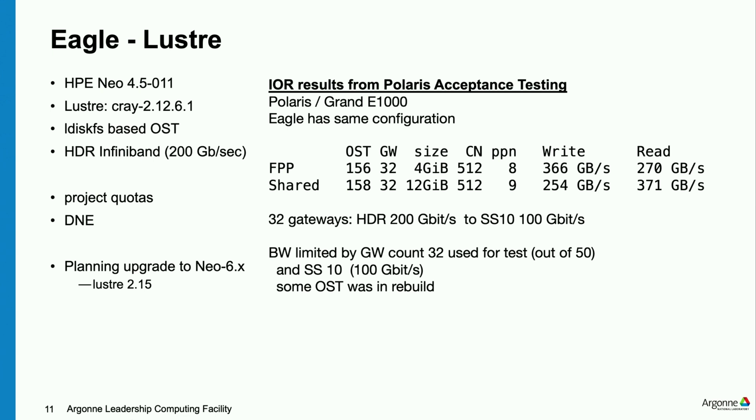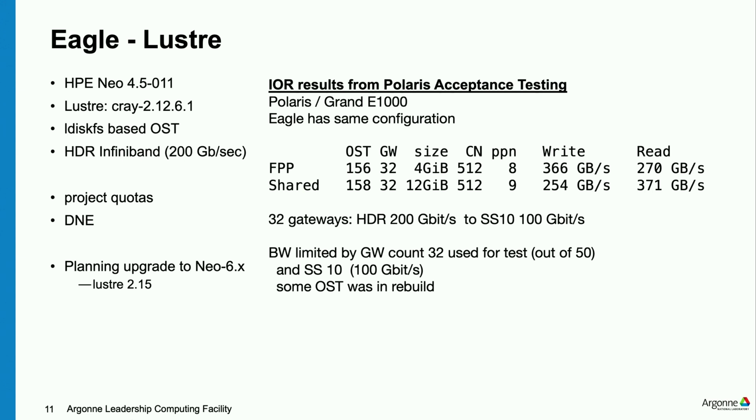So it does not hit the full bandwidth available from the file system, but for this test we used only 32 gateways because, due to supply issues, we didn't initially have all required cables. Now we do and can configure all 50 gateways.